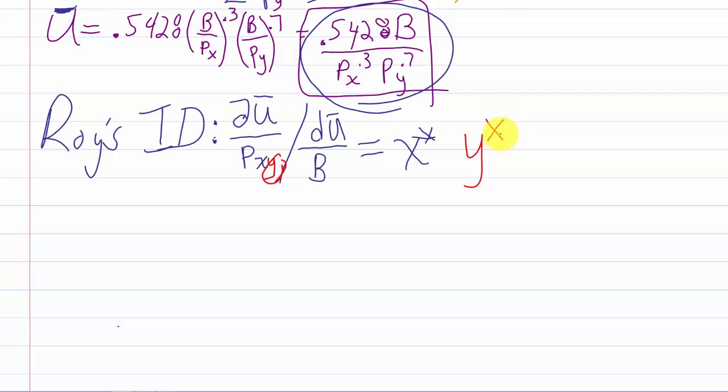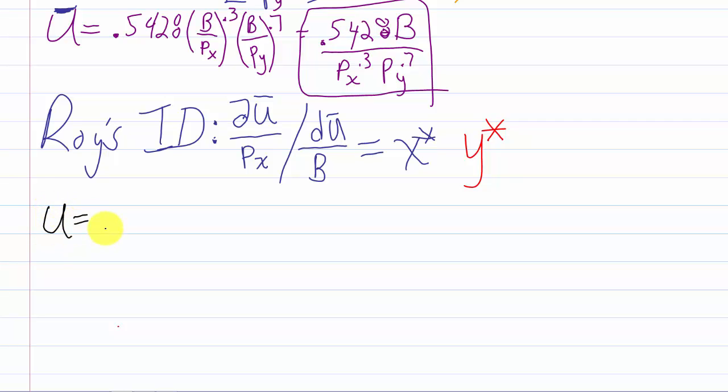Okay, so let's see if we can do that correctly, at least for X, and see how that works. So we have this equation, the 0.5428 times B divided by the price of X to the 0.3 times price of Y to the 0.7. Let me rewrite that a slightly different way, just to make it a little bit easier to see these derivatives.